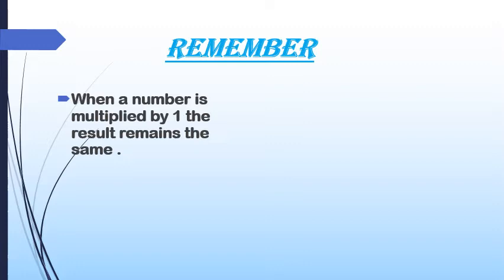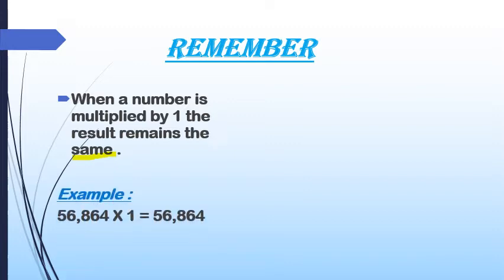Always remember that when a number is multiplied by 1, the answer remains the same. Here we have an example: if we multiply 56,864 by 1, we get the same number, 56,864.